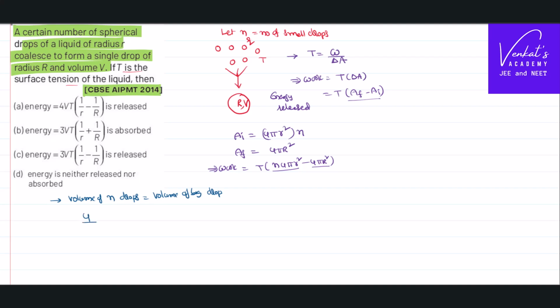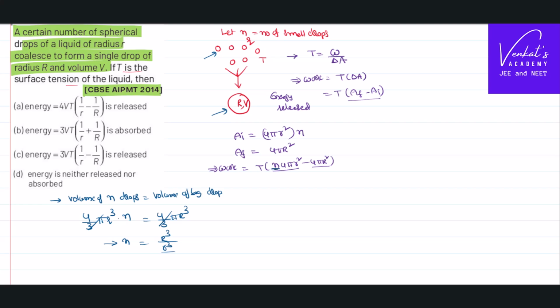Volume of each small drop is 4 by 3 pi r cube. There are n drops, so the total volume of n drops is 4 by 3 pi r cube into n. Volume of the big drop is 4 by 3 pi R cube. 4 by 3 pi and 4 by 3 pi cancel. So n can be found as R cube by r cube, where R is the radius of the big drop and r is the radius of the small drop.